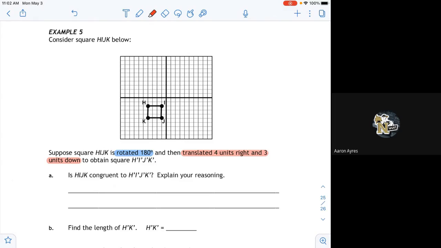But if you know what happens when you perform those two transformations I highlighted, you gotta be able to answer if the final shape is congruent or similar to the pre-image. Just answer problem A. We're gonna work with the others together, okay?